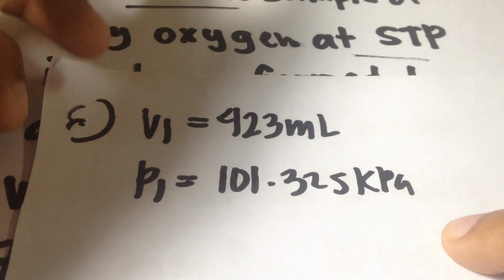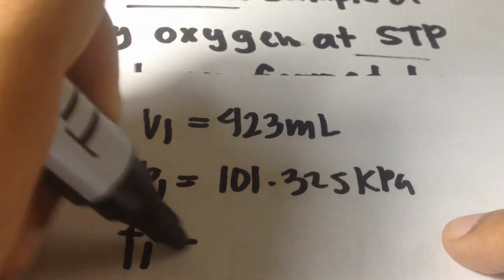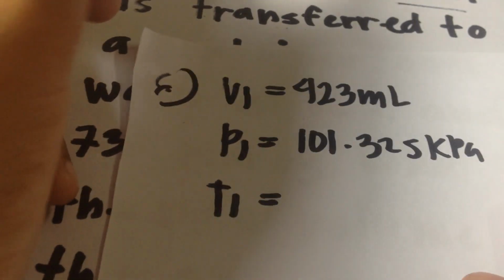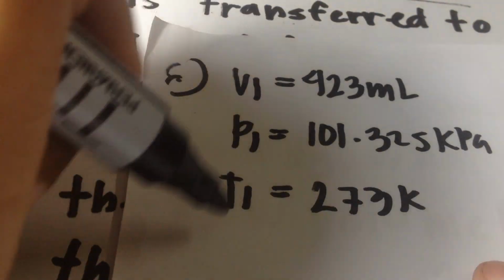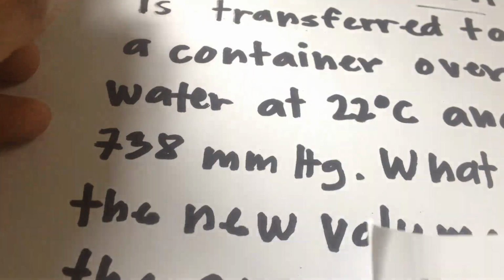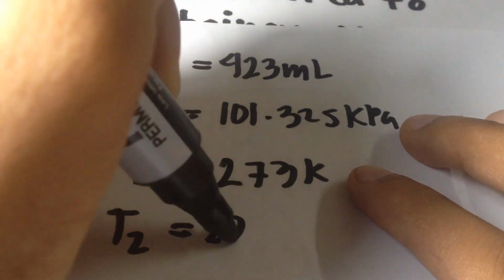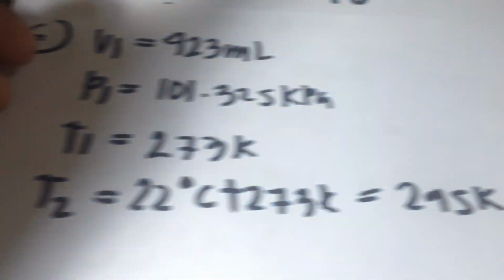And temperature 1, standard temperature, we put 273 Kelvin. And there's a temperature 2 here, which is 22 degrees Celsius. So 22 degrees Celsius plus 273 is 295 Kelvin.